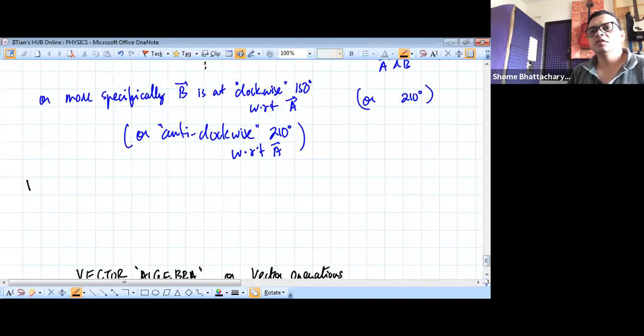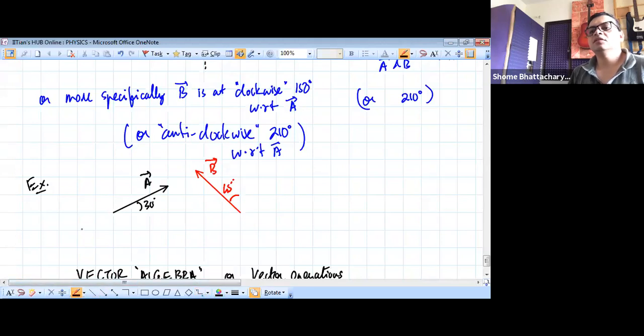Supposing I give you one vector which is like this, where this angle is 30, and I give you another vector which is like this, where obviously you can see that this angle is 45 degrees. And this is vector A and this is vector B.